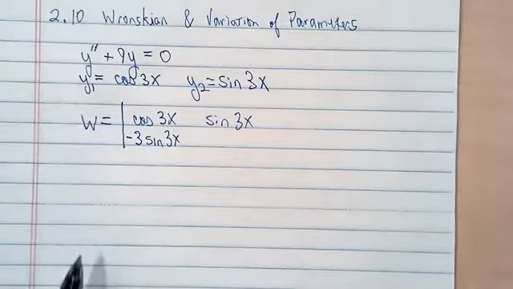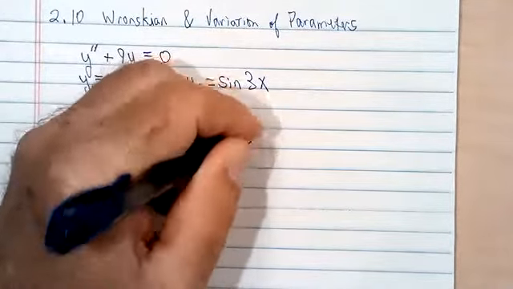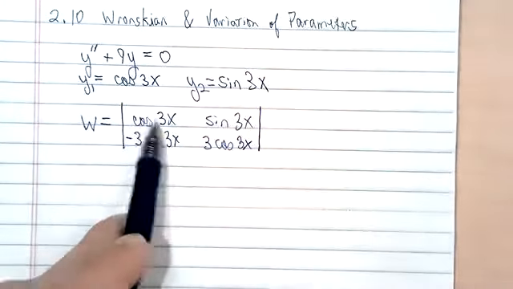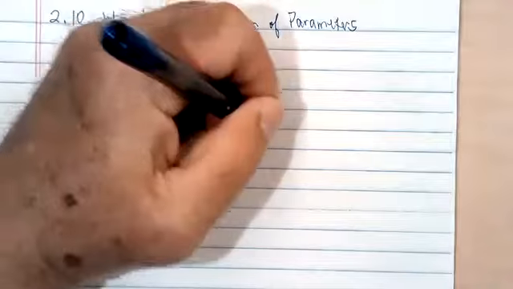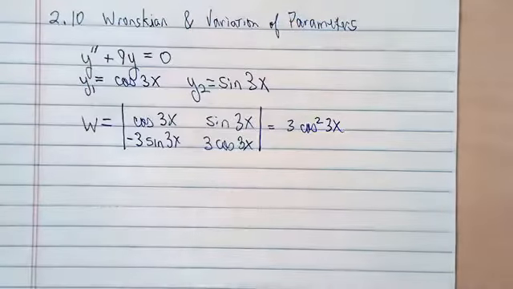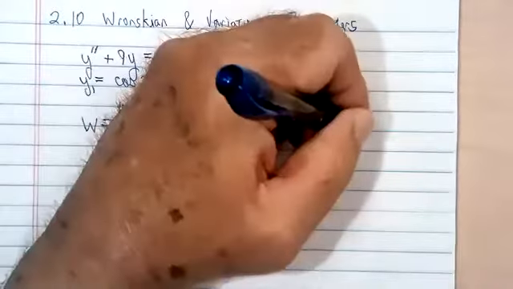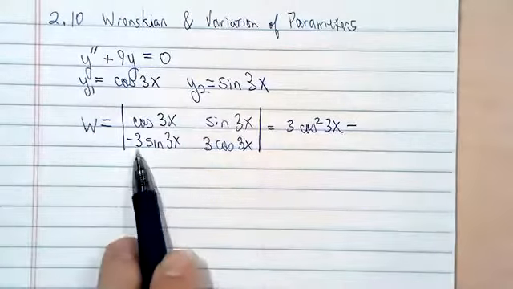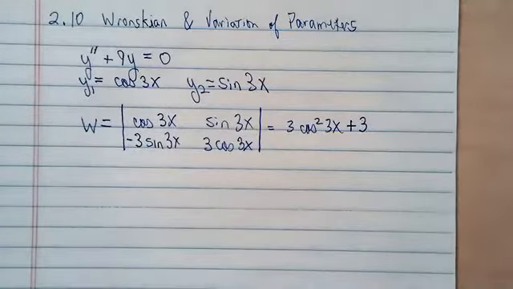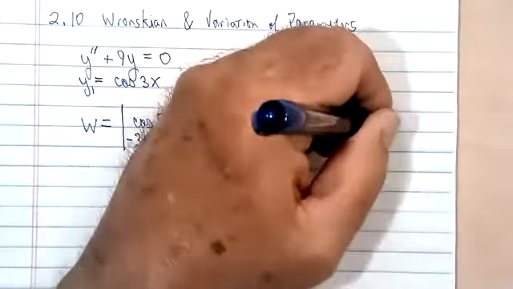And the derivative of sine of 3x is 3 cosine of 3x. And for a 2 by 2, the determinant is straightforward. Take the product down the main diagonal, 3 cosine squared 3x, minus the product down the opposite diagonal. In that case, I'm going to have minus, but then there's a minus here, so those multiply together to give plus, and then sine squared of 3x.